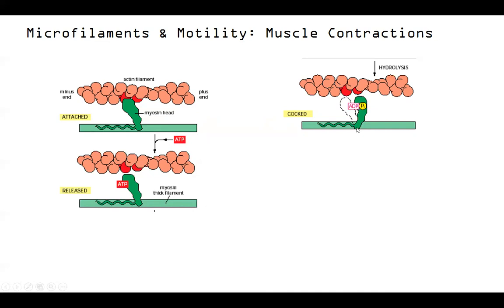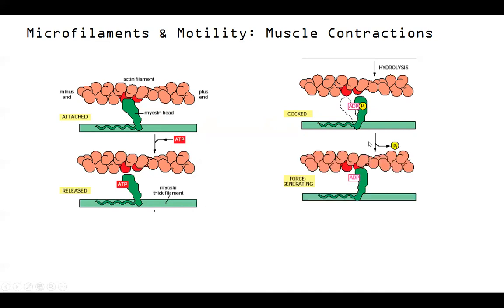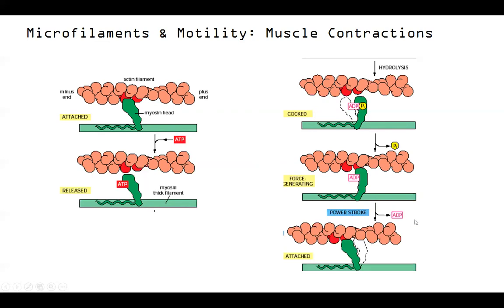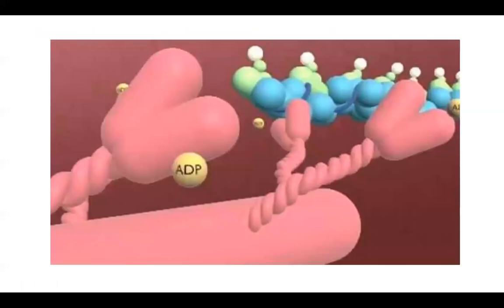This allows us to resume a cocked, ready to go position. As we drop the phosphate, think about it, our hands were full, so we just drop the phosphate. This allows us to hang on to both the ADP and our actin. When we let go of the phosphate, we can fully devote our attention to this forward motion, or the power stroke. Let's see how that happens in a video.